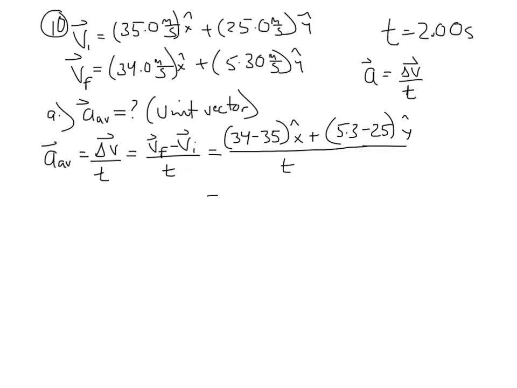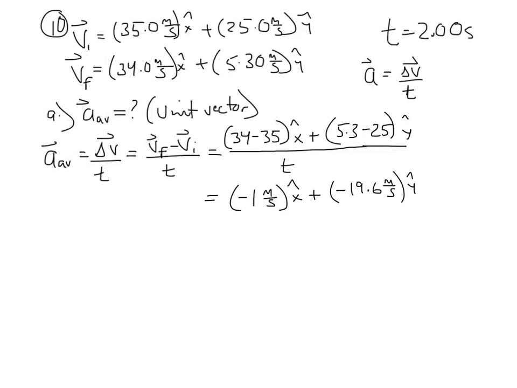Okay? So I'm going to write it down below. What's 34 minus 35? That's -1. This is velocity, right? So meters per second, x hat. And 5.3 minus 25, that's minus 19.6, right? Minus 19.6 meters per second, y hat.